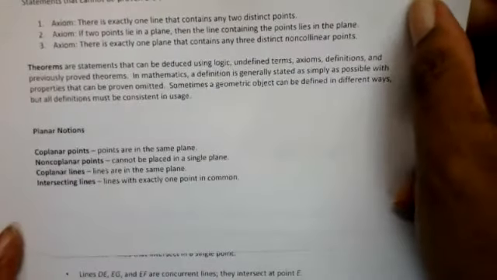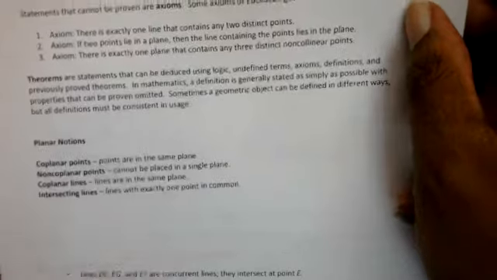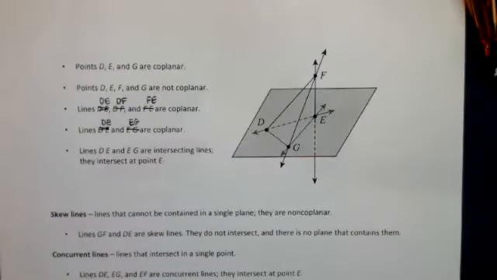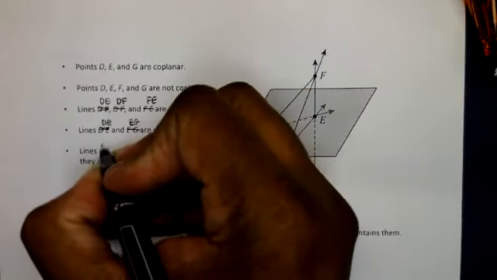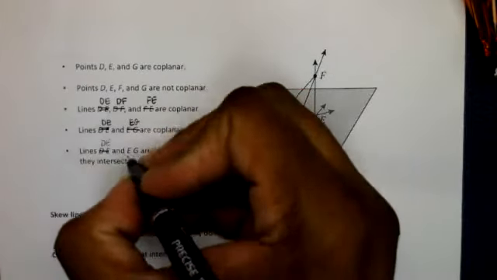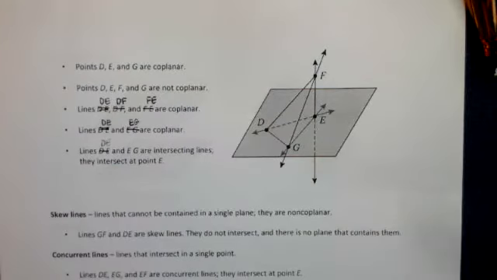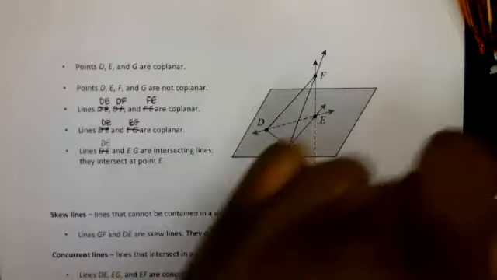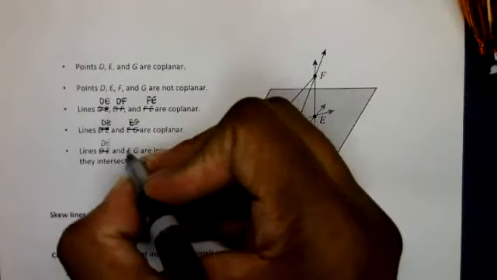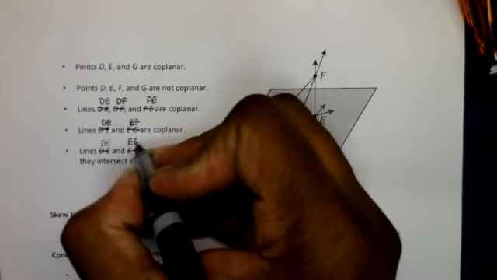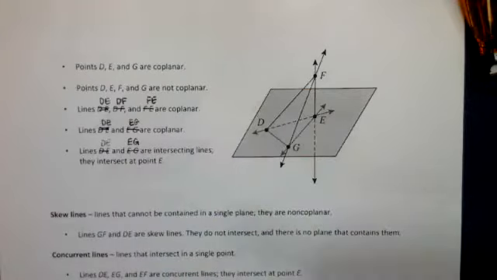Another definition is intersecting lines. Those are lines with exactly one point in common. So looking at this illustration, we can see that lines DE and EG are intersecting lines.